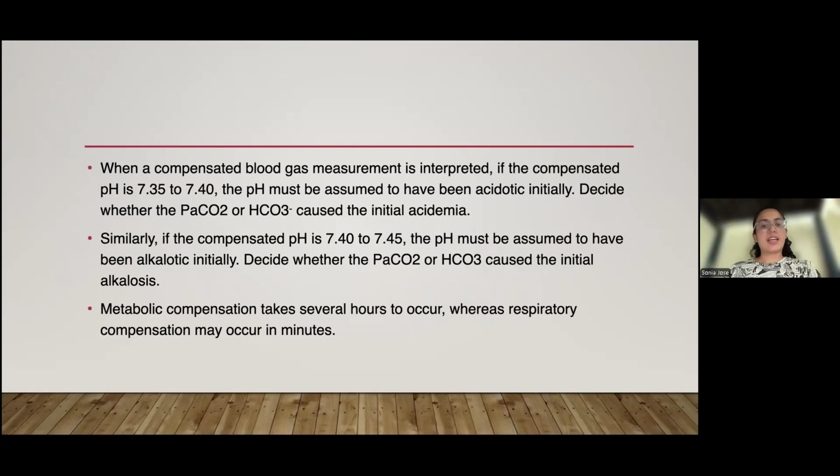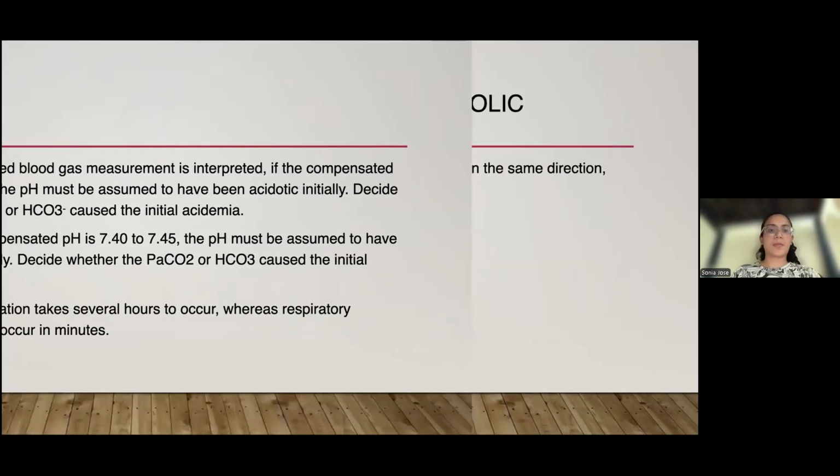Similarly, if the compensated pH is between 7.40 and 7.45, then initially the pH will be on the alkalotic side. So we can decide whether the PaCO2 or HCO3 has caused the initial alkalosis. And as we all know, metabolic compensation takes several hours to occur, whereas respiratory compensation may occur in minutes.